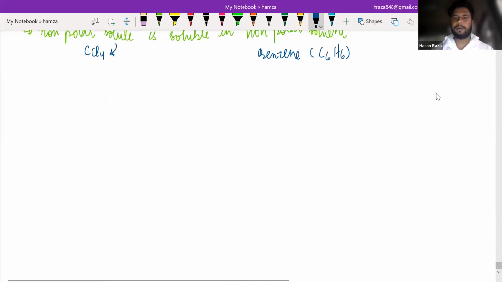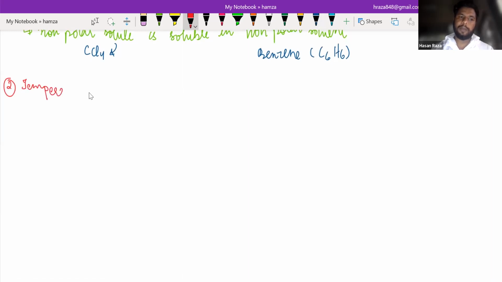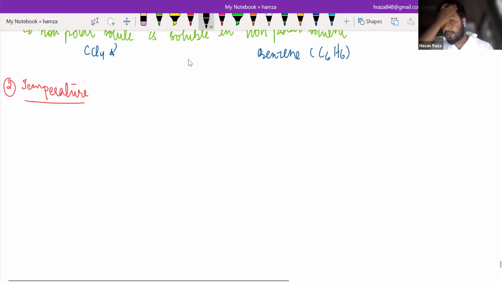The next factor is basically temperature. So see how temperature affects solubility. Before starting this, we just have to know first whether the solution we are making is endothermic or exothermic. So I'm going to explain it.